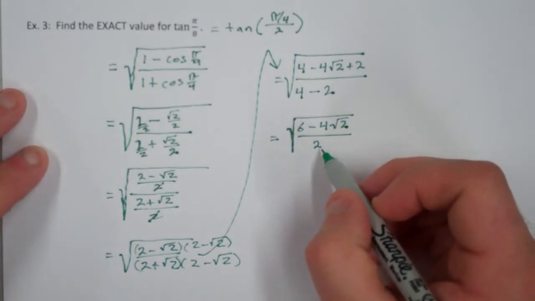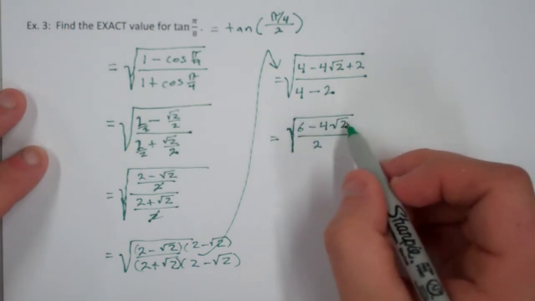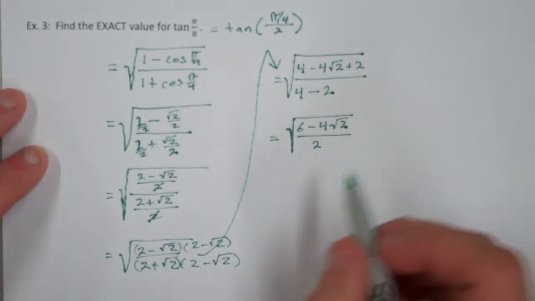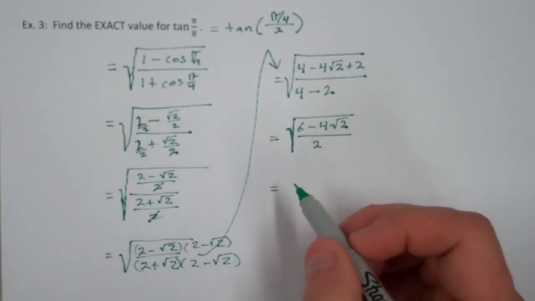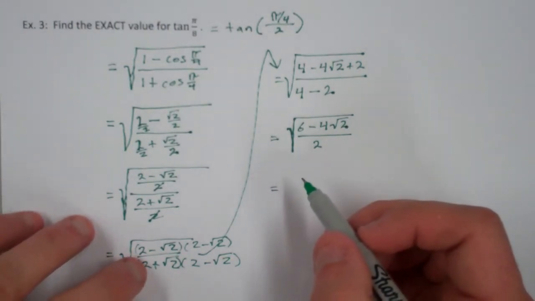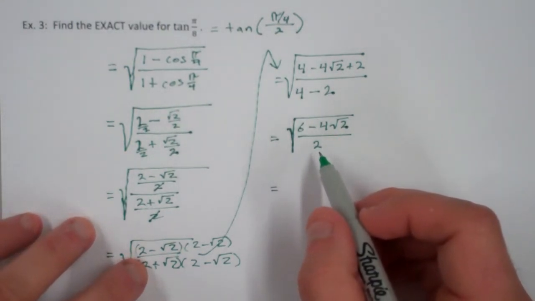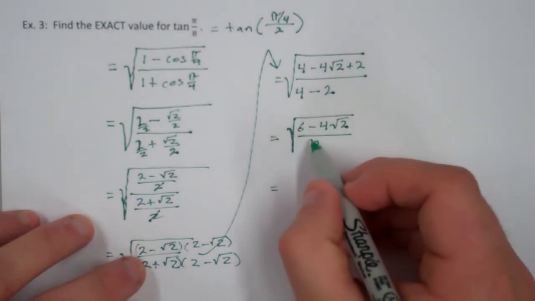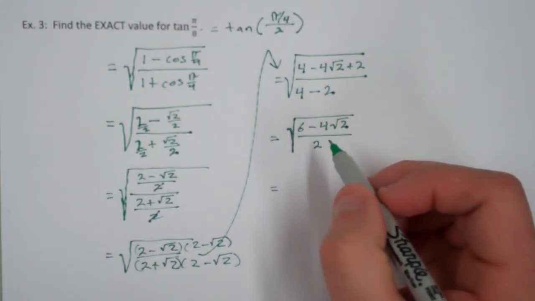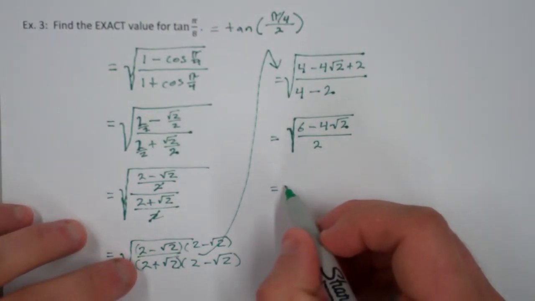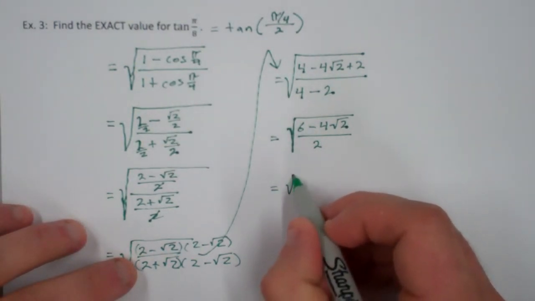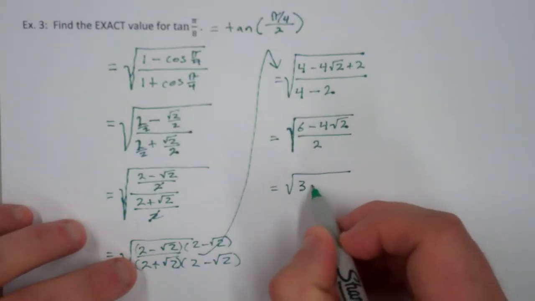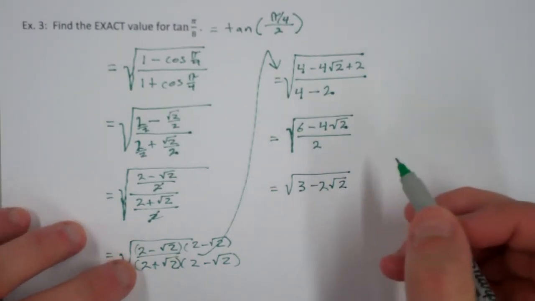You could totally do this by taking the square root of the numerator and denominator, but I think it's going to be some extra steps that we really don't need. So right now what we've got is 6 and 2 and 4 and 2. So let's see. That would be the square root of 3 minus 2 root 2.